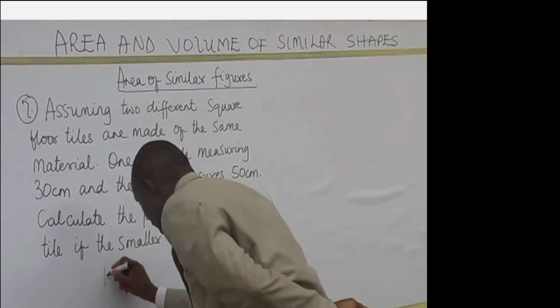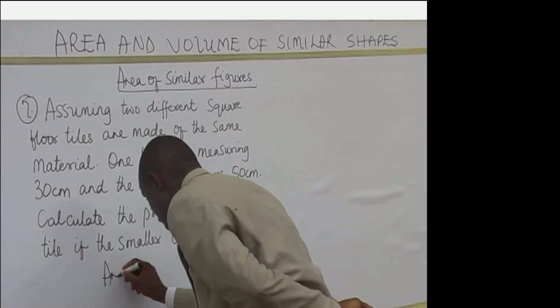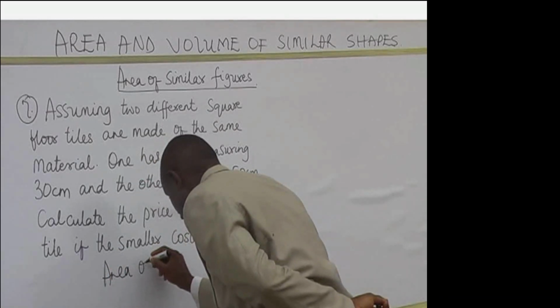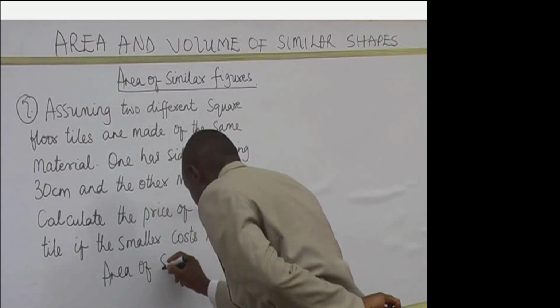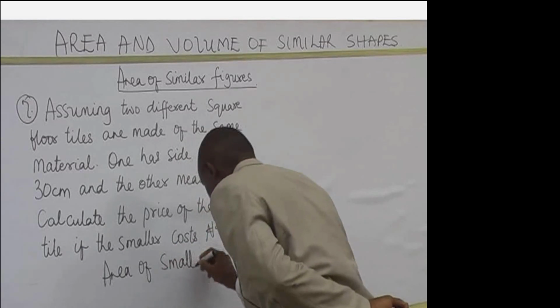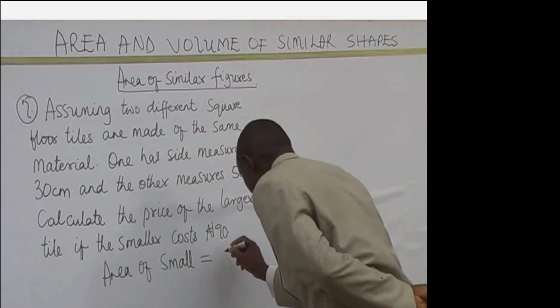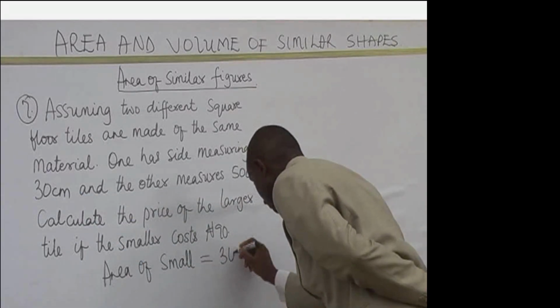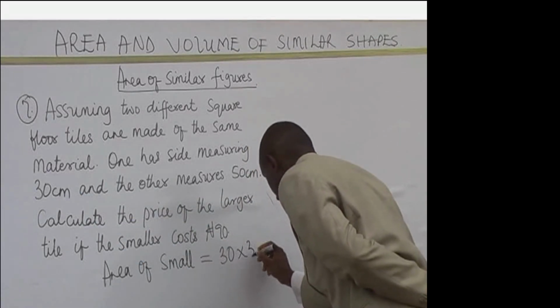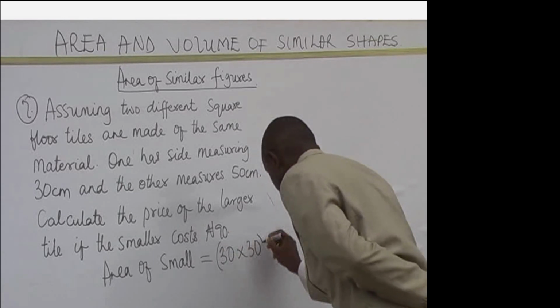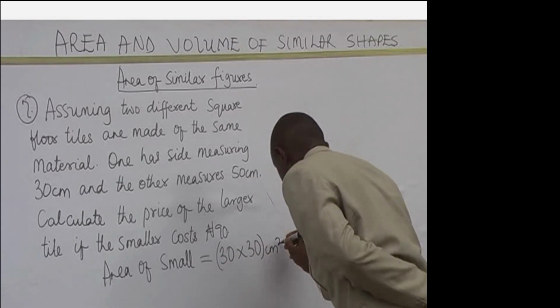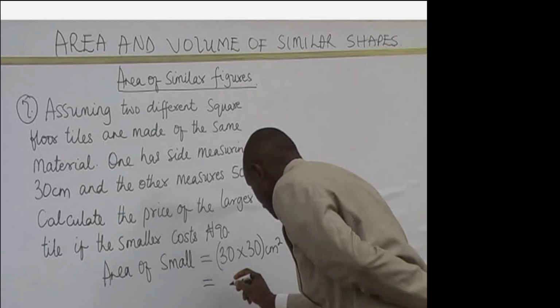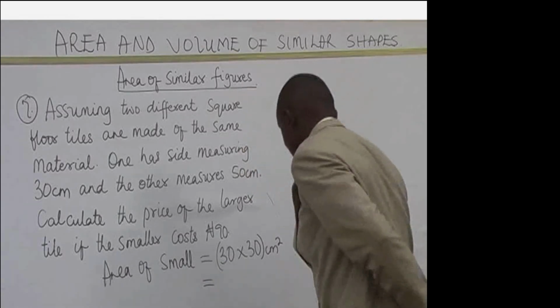That means the area of the first, or small one, is equal to 30 times 30 centimeters squared, which is 900.